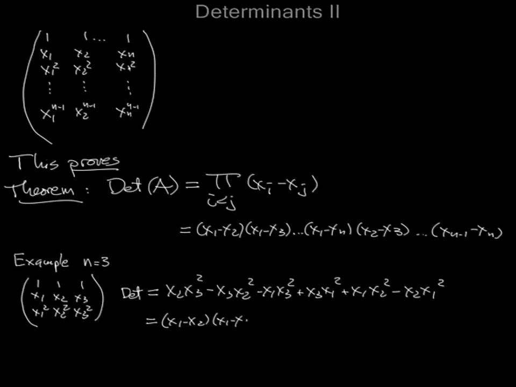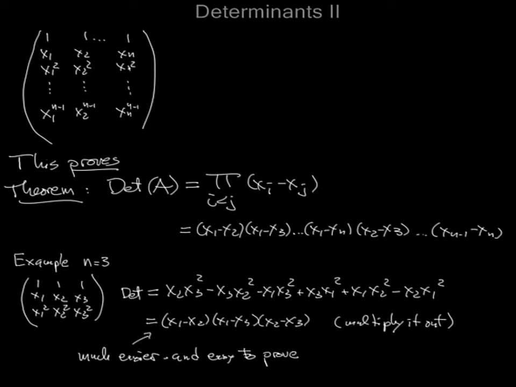And this is actually equal to this much simpler expression, x1 minus x2, x1 minus x3, x2 minus x3. And if you don't believe me, multiply this out and you'll see that these two things are equal. The whole point here is that this is obviously a much nicer formula, and it's in fact much easier to prove.